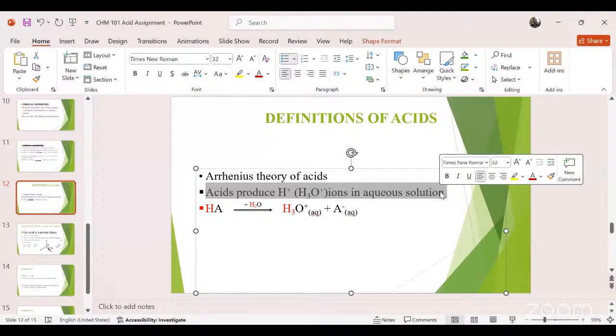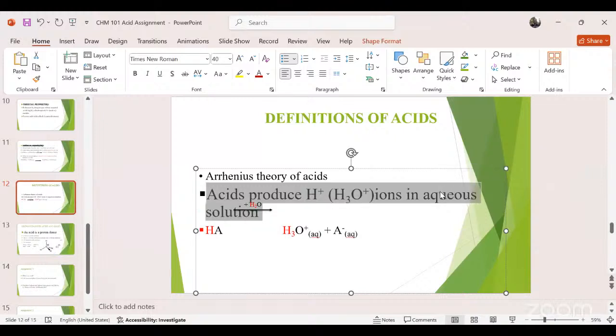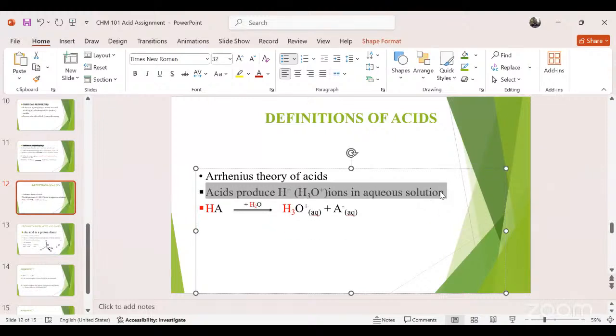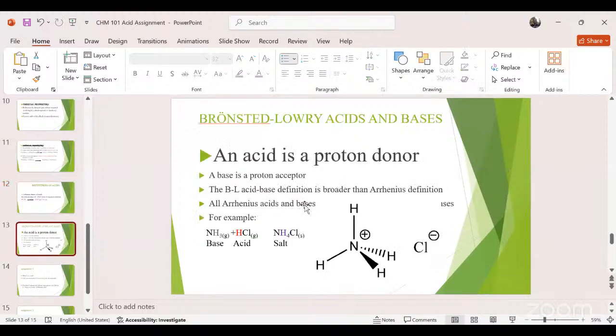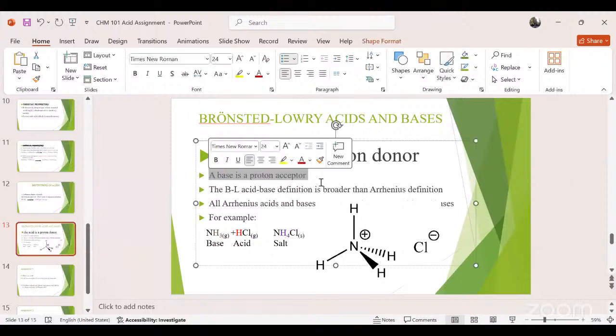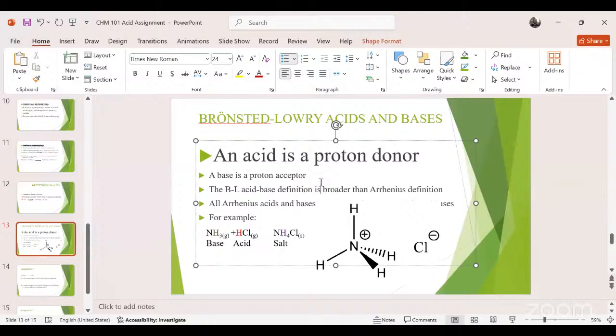So, Arrhenius acid is constrained to solution. There must be solution there before you can define the Arrhenius acid. But for Bronsted-Lowry, you don't need a solution. The acid may be in solution, may not be in solution. But so far it can release a proton, then it is an acid.